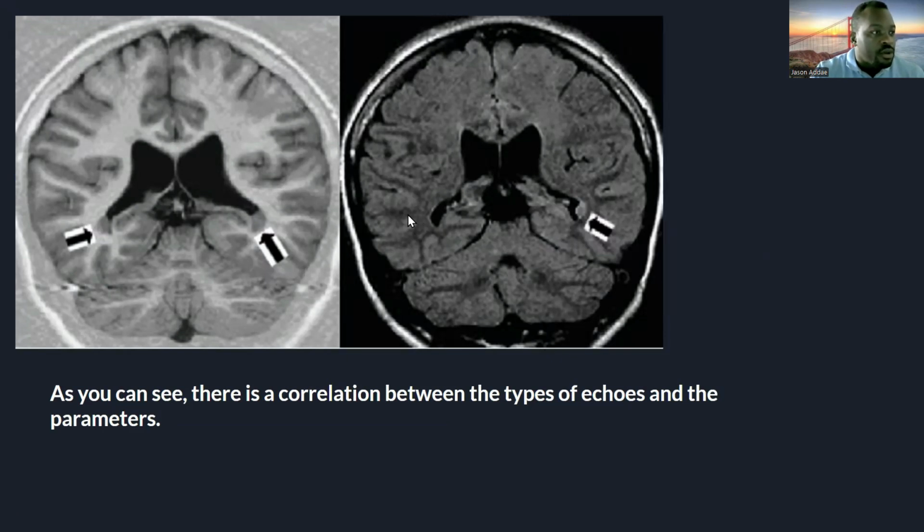Two different images here. You see one is a gradient type image. One is a fluid attenuated image that's T1 weighted. You see that there's a lot of dark contours to this.